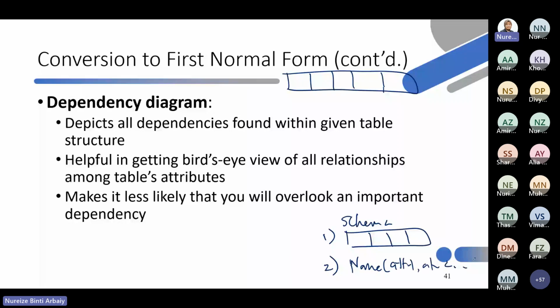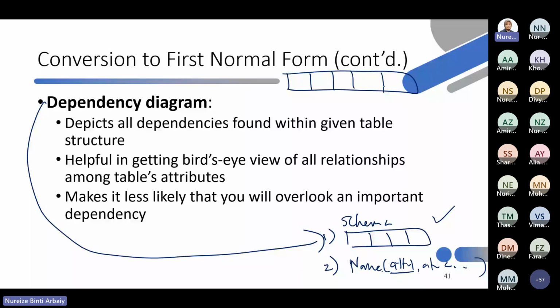This should be the same. So the basic of the dependency diagram is like this, and you can also use the schema form like this. But sometimes it is easier to use the dependency diagram rather than the schema form. This is the example.